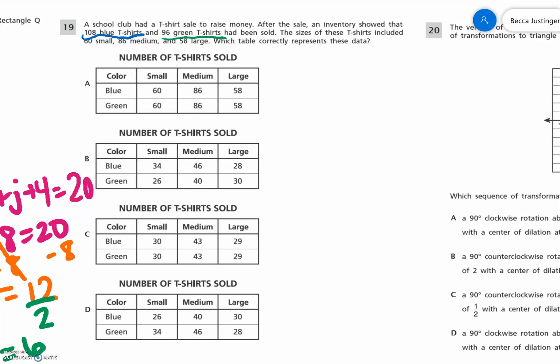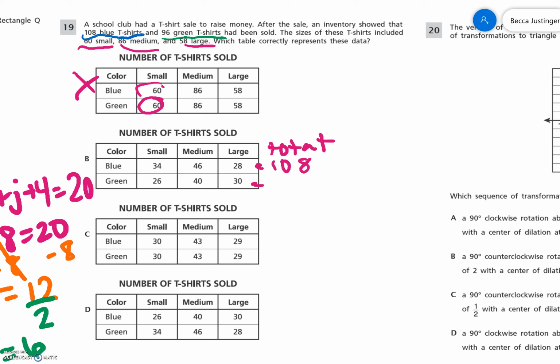We want 60 small, 86 medium, and 58 large. Well, if there were 60 total small, you can't have 60 blue small and 60 green small, so I'm right out on A. Then let's add up the total for B. I'm going to do it in my calculator: 34 plus 46 plus 28 to give me 108.